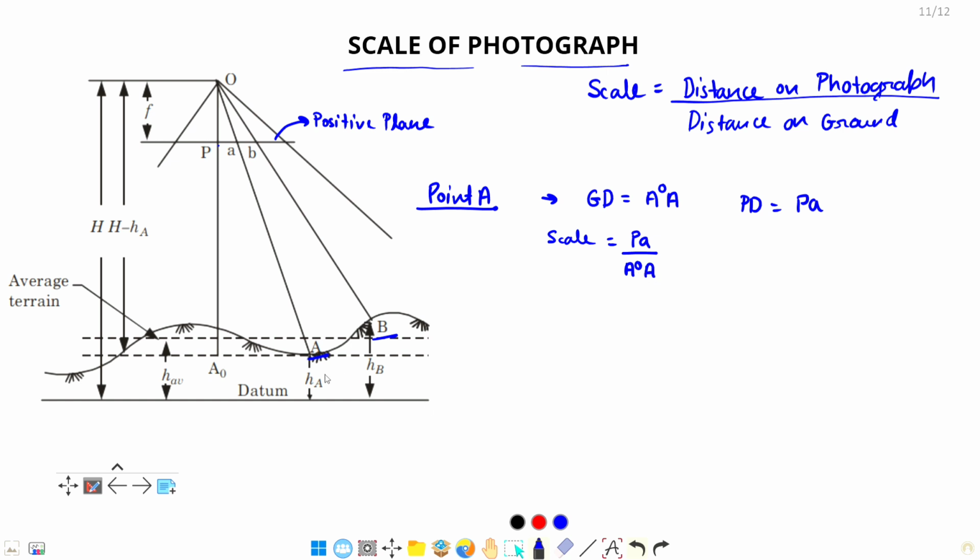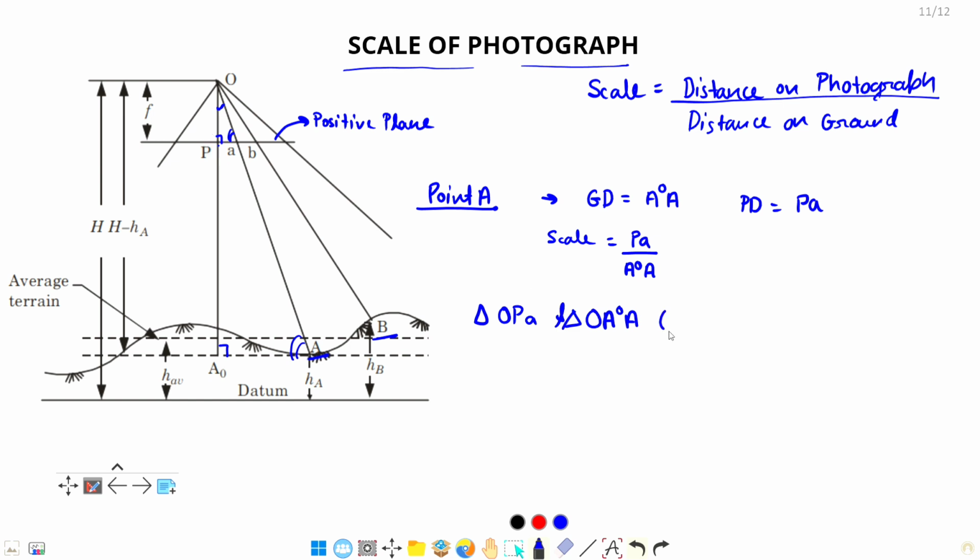Now look at triangle OPA and triangle OA not A. In these two triangles, this angle is equal to this angle: this one is 90 and this one is 90, and this angle is common.